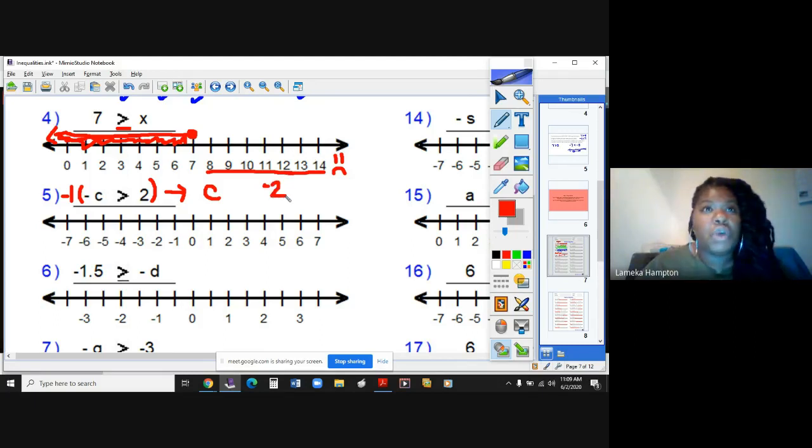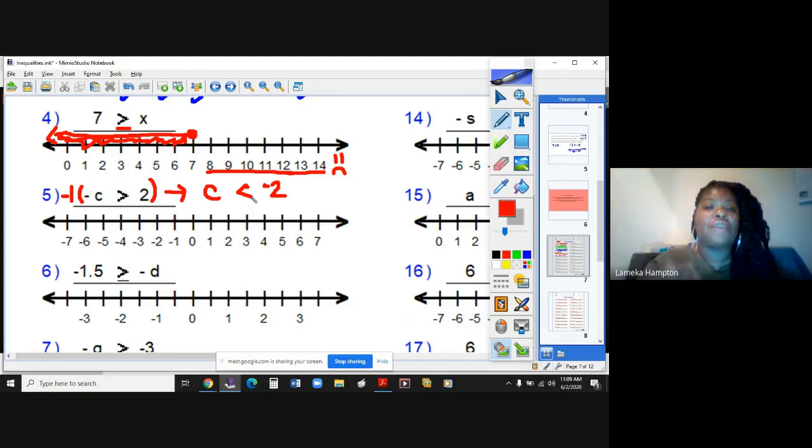Now, this is where the rules come in. When you multiply by a negative number or divide by a negative number as it relates to inequalities, you must flip the sign. Okay? So instead of me having -c is greater than 2, I now have c is less than -2.